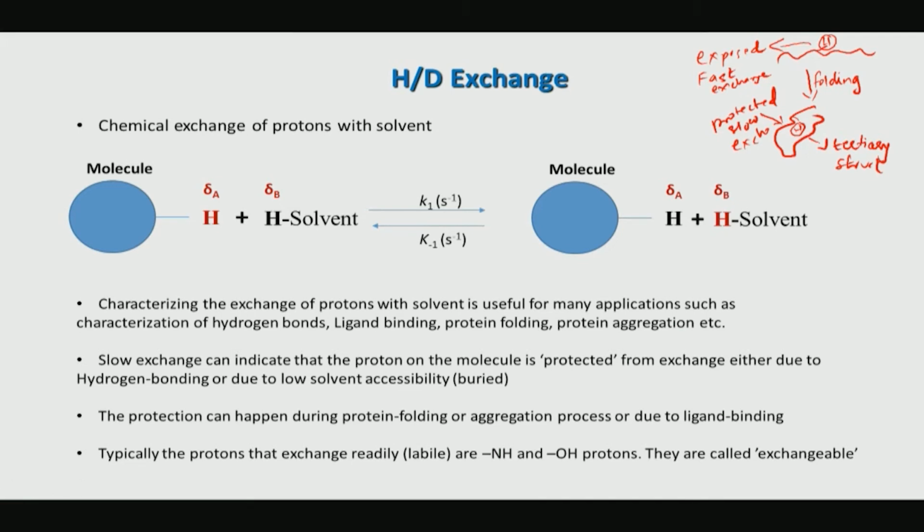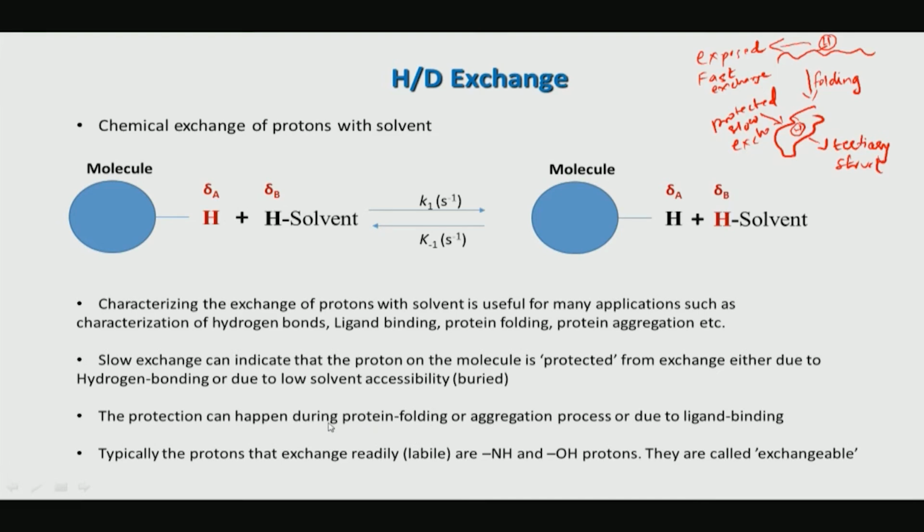Interface means between the two molecules in the dimer. So, it now gets protected from exchange. That also can result in a slow exchange from fast. Initially it is fast because it is monomer, but when it becomes a dimer or trimer, it may become slow. Therefore, hydrogen exchange helps us to characterize this aggregation process.